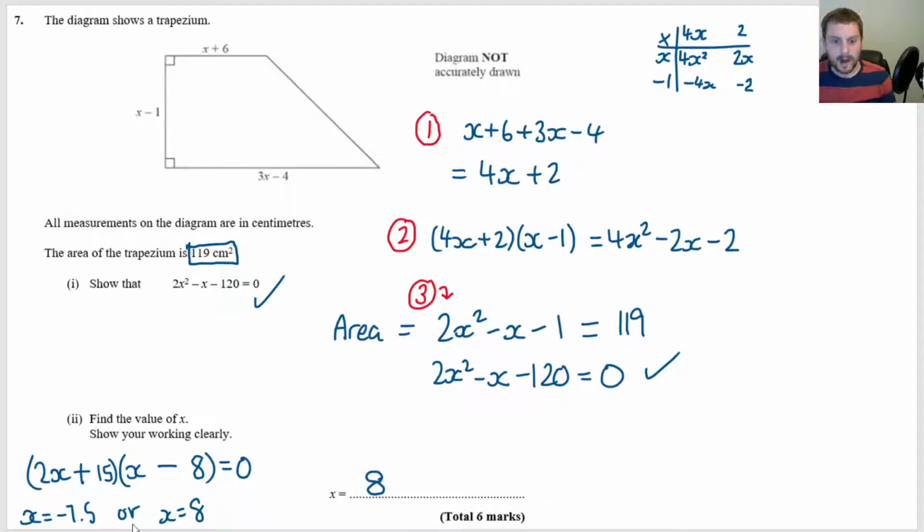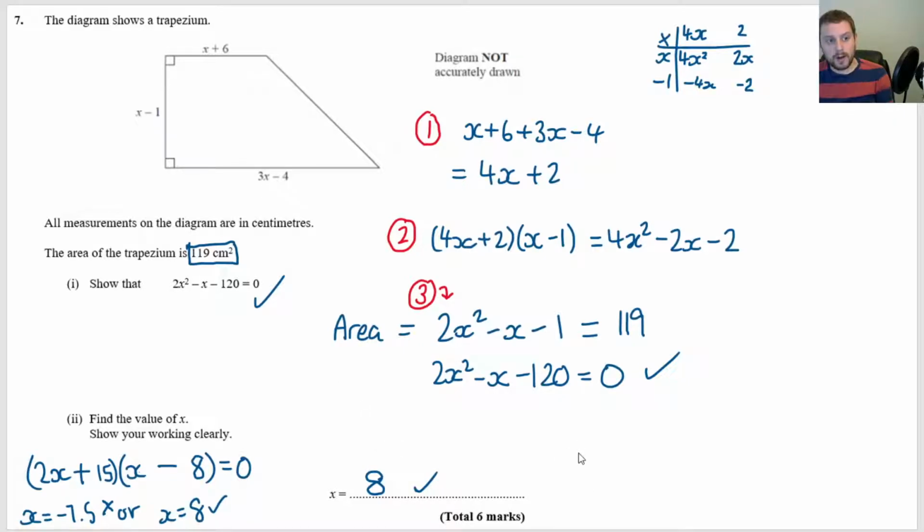This answer doesn't make sense, because x is a length, so x has to be positive. In particular, you look at the x minus 1, you can't make x be minus 7.5. So x has to equal 8.